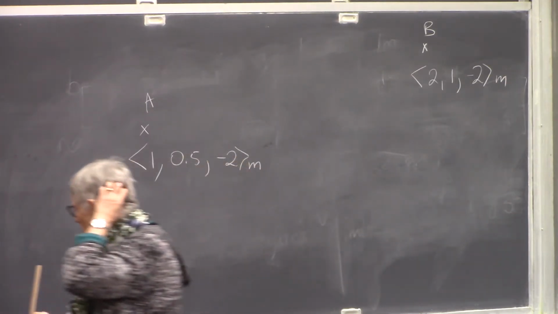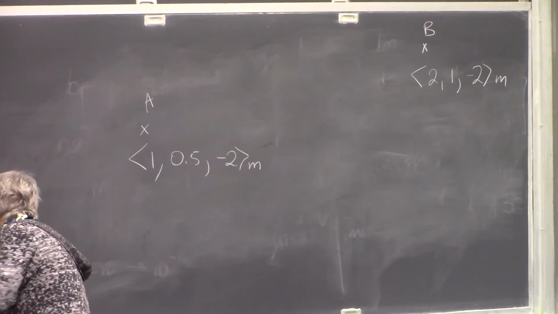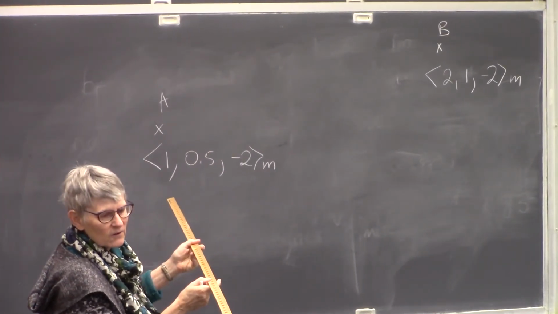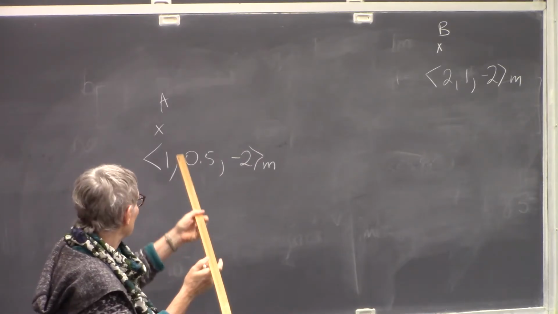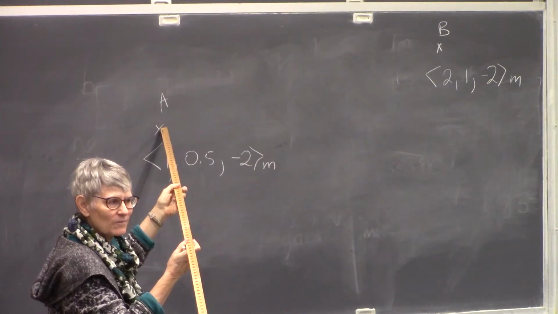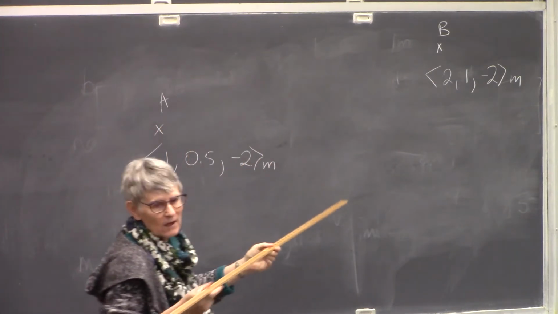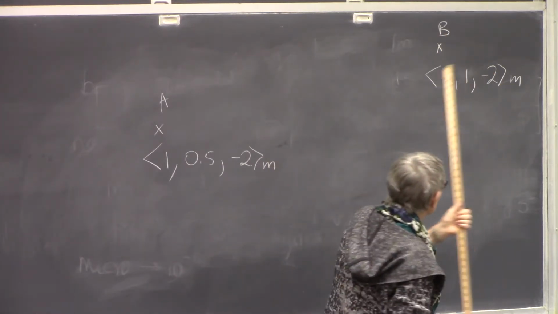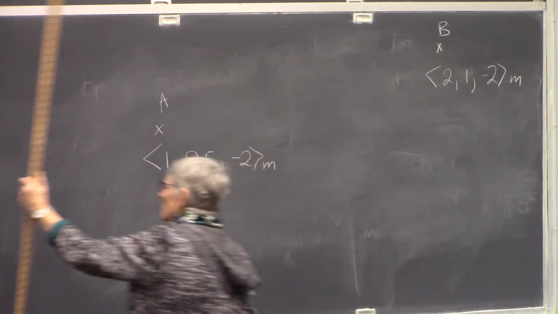And what these coordinates are, they're basically position vectors from the origin. So if we put a vector and draw an arrow with its tail at the origin and its tip here, that is that vector, right? And likewise, there's that vector.